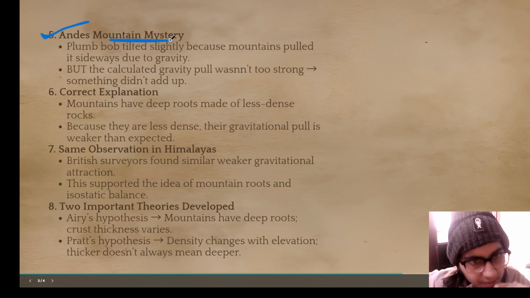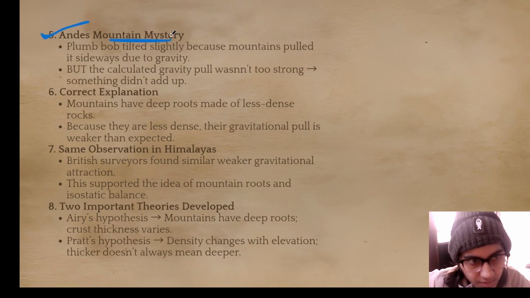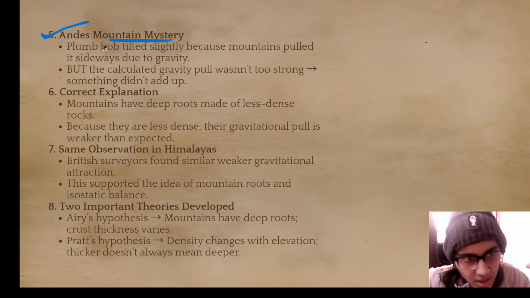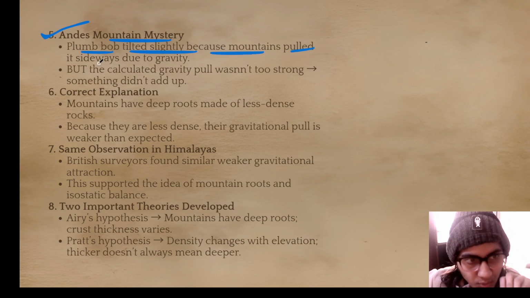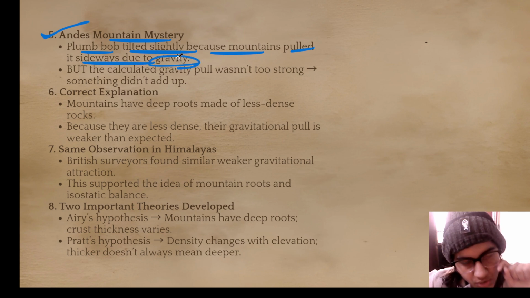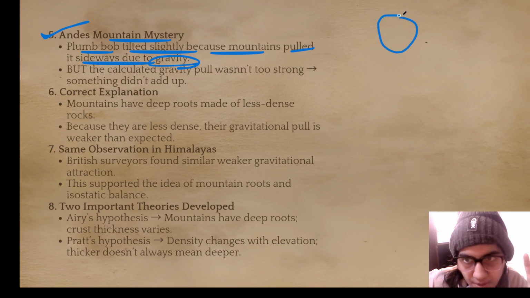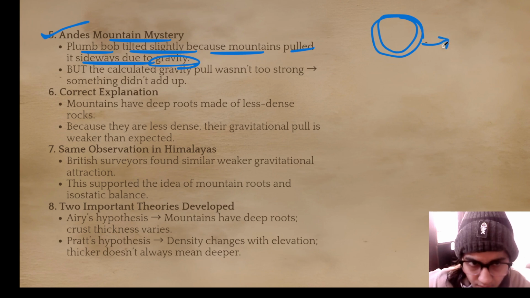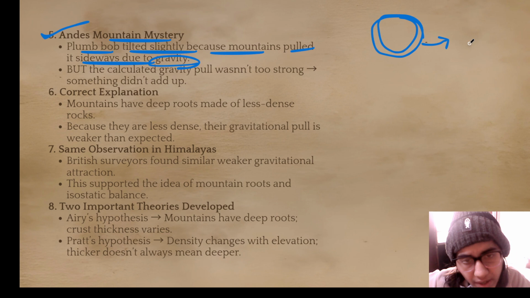Andes mountain mystery. Andes is basically a mountain name just like the Himalayas. The plumb bob tilted slightly because mountains pulled it sideways due to gravity. What happens is they suspended this plumb bob, and they saw that it tilted slightly. Why does it happen?